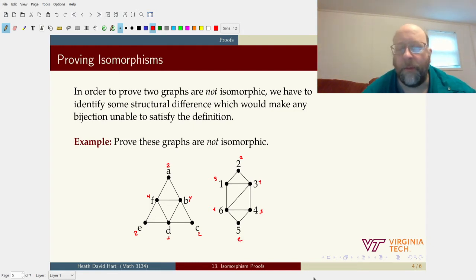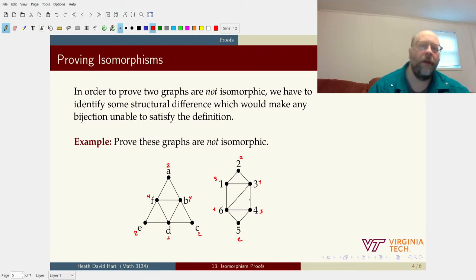And now we have a problem because the degrees are not going to match up. And so as a proof of isomorphic, I have 3 vertices here of degree 2, but only 2 vertices here of degree 2, which means one of these vertices is going to have to map to something that has a degree of more than 2, and then that means there's got to be an edge over here that gets left off.